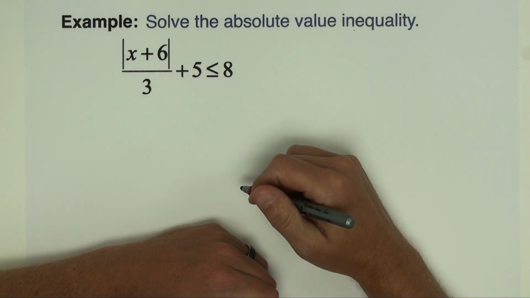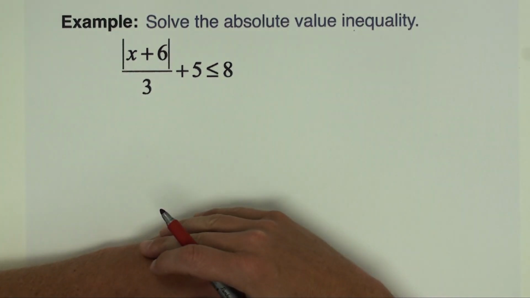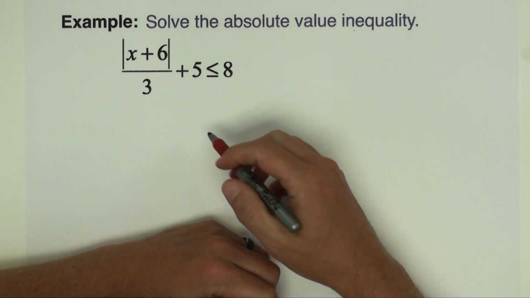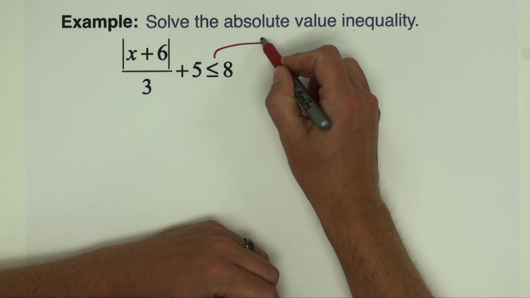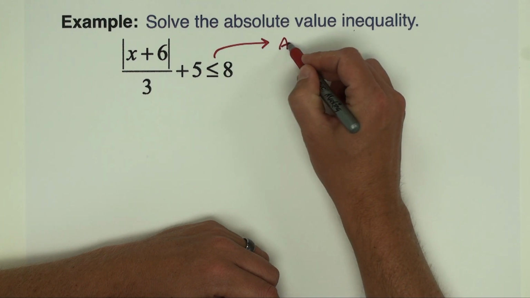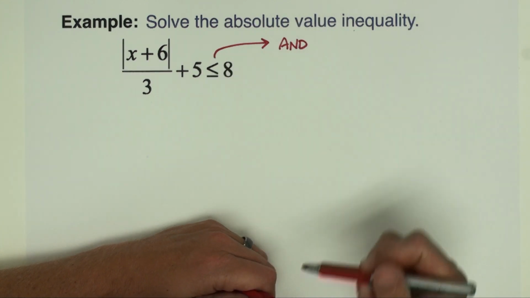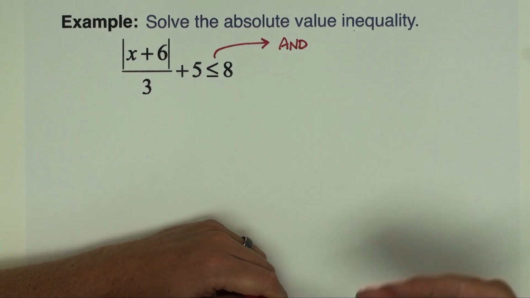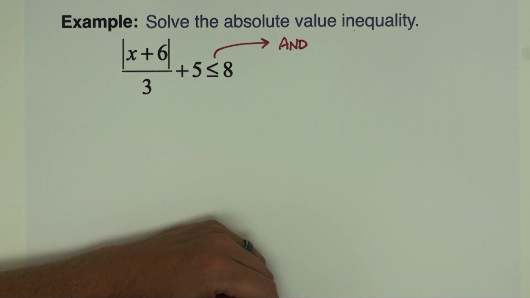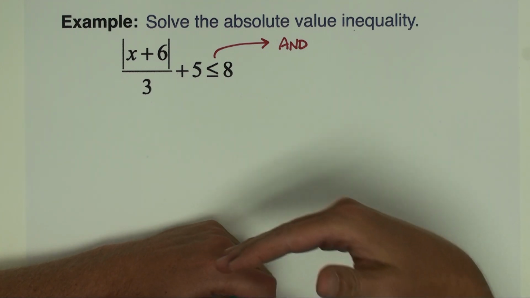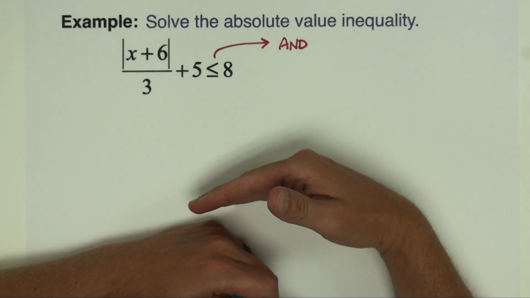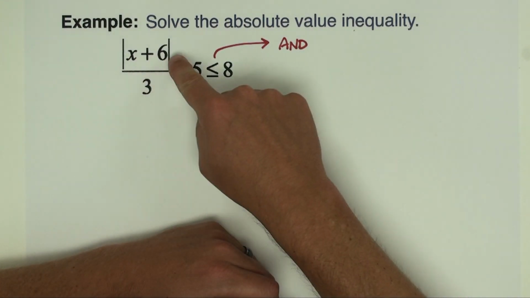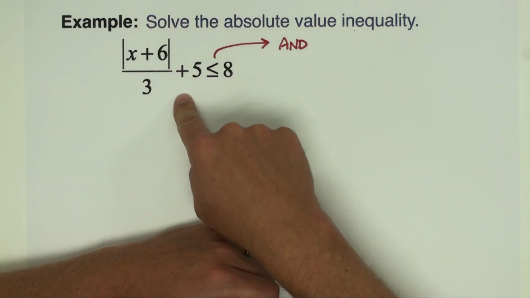Okay, next example problem. When I scan this over, a couple things kind of jump out at me. First, I notice that it's another and statement, as we have a less than or less than or equal to. The other thing that I notice is that there's a lot more going on in this inequality than the other one, and that there's more than just the absolute value on the left-hand side.